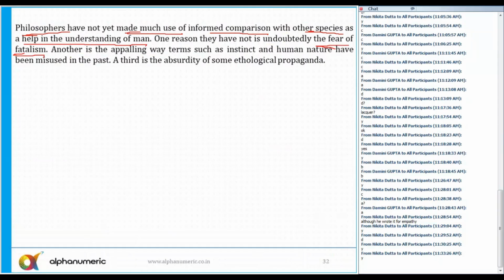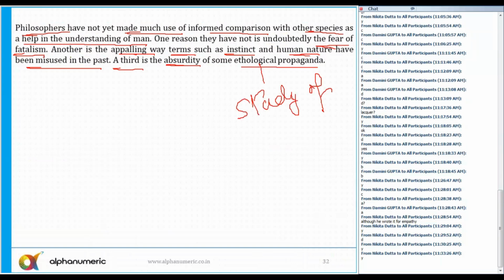Another is that terms such as instinct and human nature have been misused in the past. And third is the absurdity of some ethological propaganda. Ethology means the study of animal behavior. So when you study animal behavior, some of the studies are absurd.